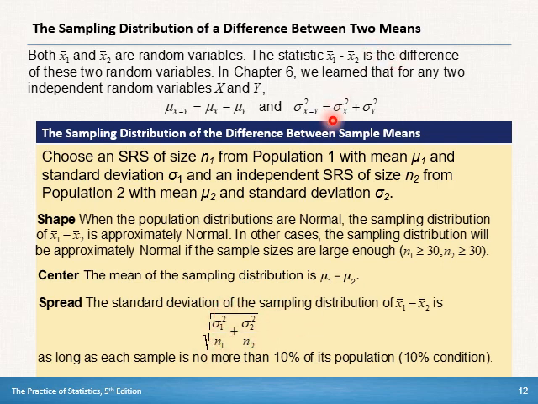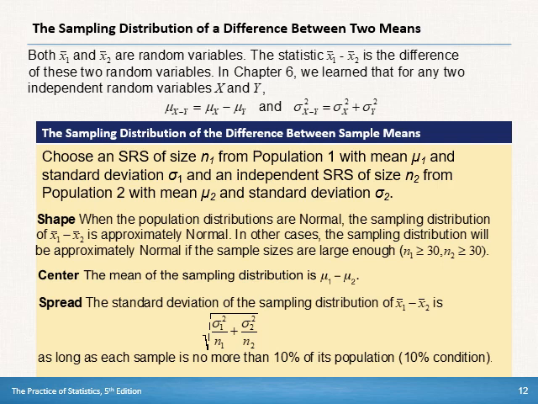So we squared the original ones, right, to get this fraction under the square root, and then we have the other variance of the sampling distribution, and so we add those up, and then we take the square root of it to get the standard deviation.